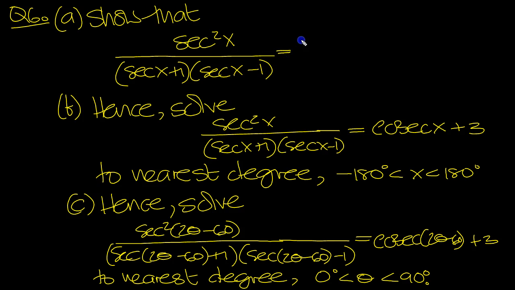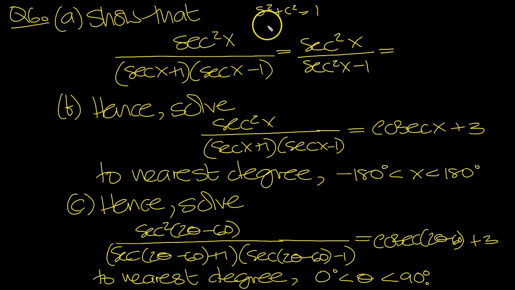That equals sec squared x. And here we've got the difference between two squareds, so it's sec squared x minus 1. And that's equal to, now sine squared plus cos squared equals 1.